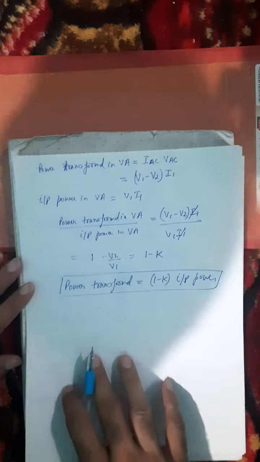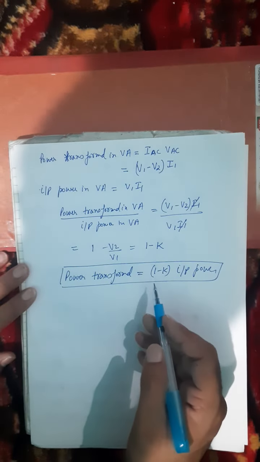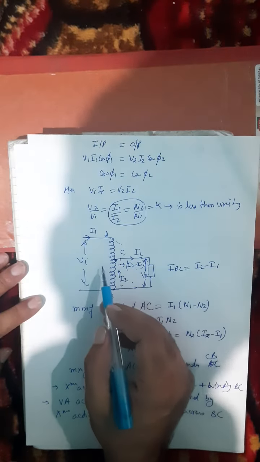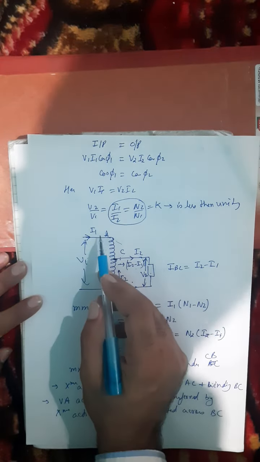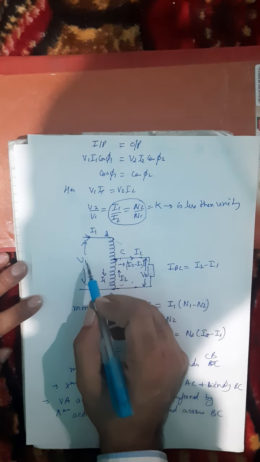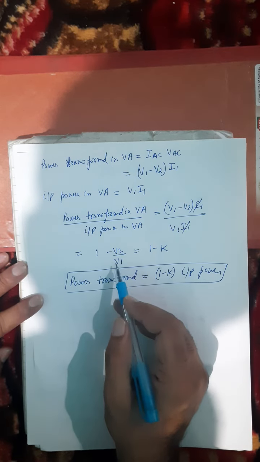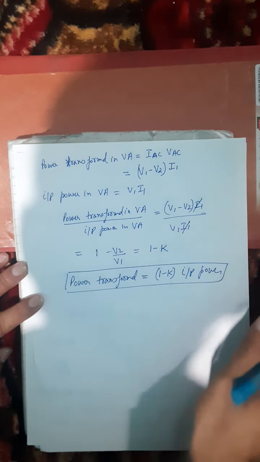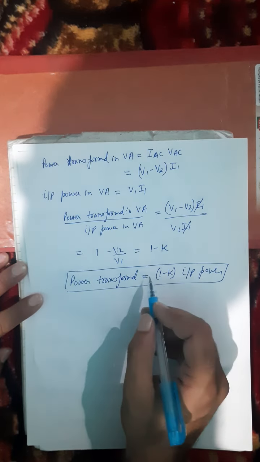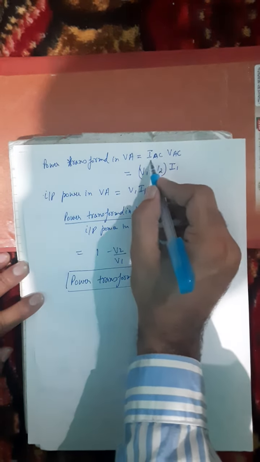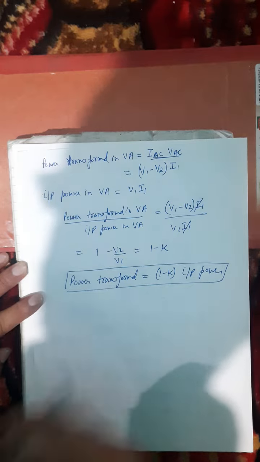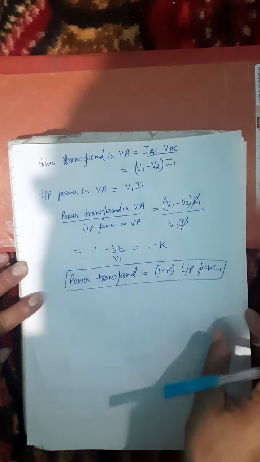So from this equation I can say that out of the total input power, which is nothing but V1 I1, only this much power is transferred to the output by transformer action.